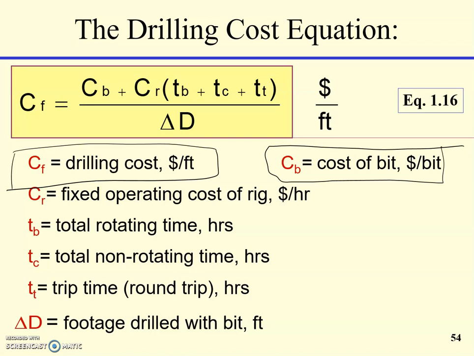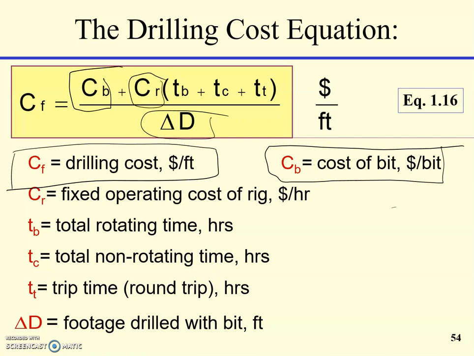Now, how much would you drill within that depth? How much would you drill within that time of 1 day? Then that number can be used also in this equation. So the cost of the bit is part of it, and you have this in here.